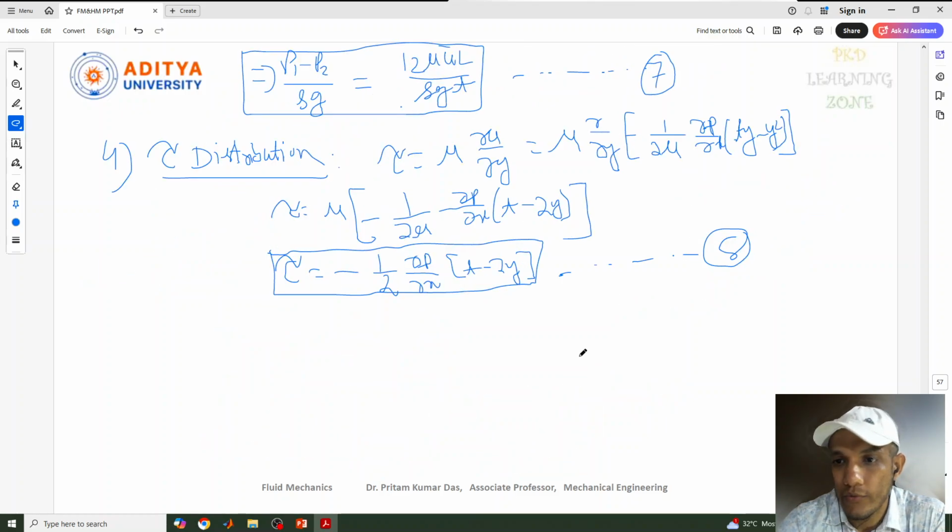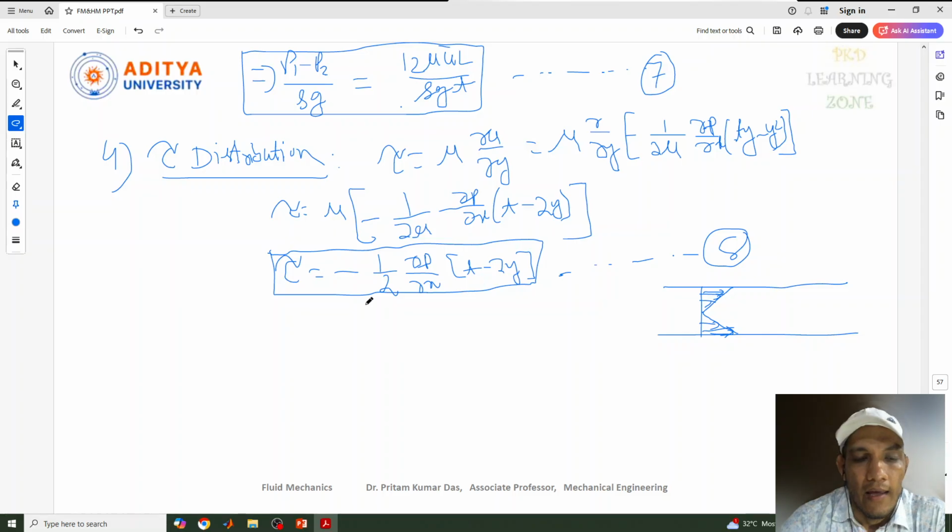Now here I'll draw this figure. The shear stress distribution should be like this: at this point it will be 0, and here it will be maximum. So this is the shear stress distribution.